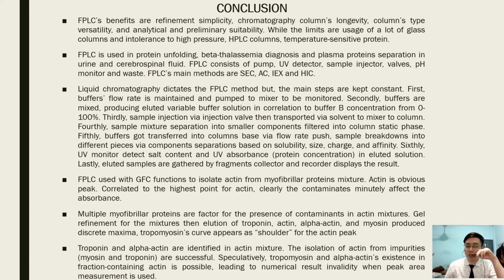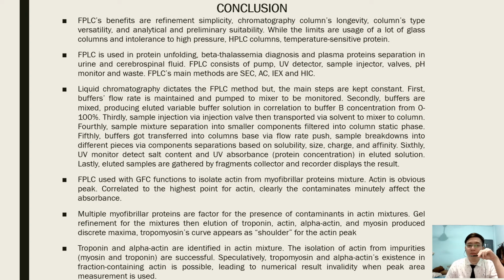Now for the methodology, the main thing you need to know is that the liquid chromatography dictates the FPLC method, but the main steps are kept constant. First, buffer's flow rate is maintained and pumped to the mixer to be monitored. Secondly, buffers are mixed, producing an eluted variable buffer solution in correlation to buffer B, concentration that goes from 0 to 100%.